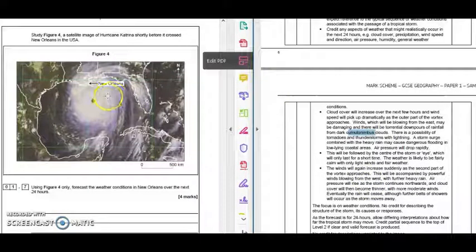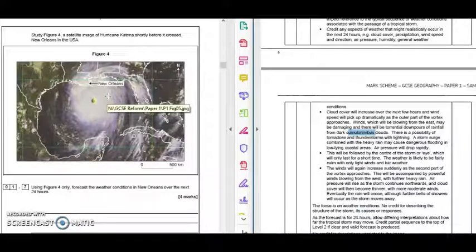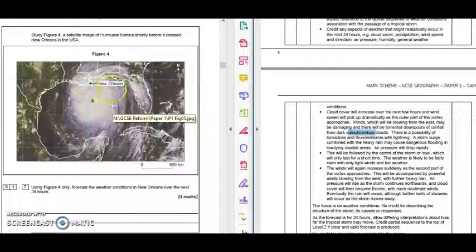Now, to use figure 4 to be as specific as possible, ideally we need to be talking about where the cloud and where the rain is going to come from in terms of direction. Now, we know, because we've done this case study, that this is above the equator. So the hurricane will be spinning in an anti-clockwise motion.